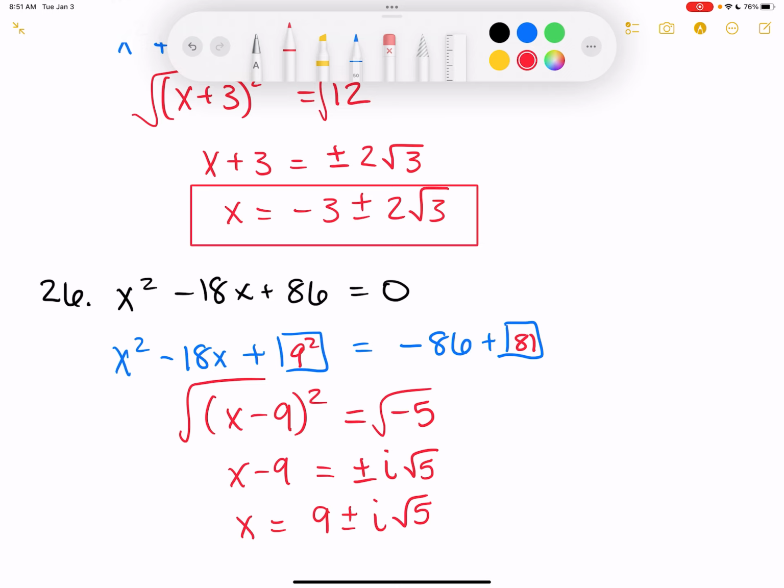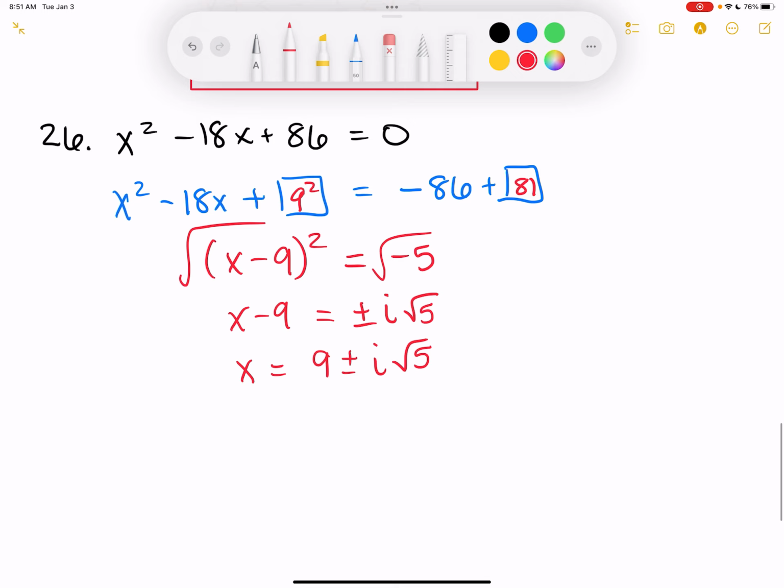All right, let's look at one more. 32. We have 7t squared plus 28t plus 56 is equal to 0. Now, what do you notice about this one?